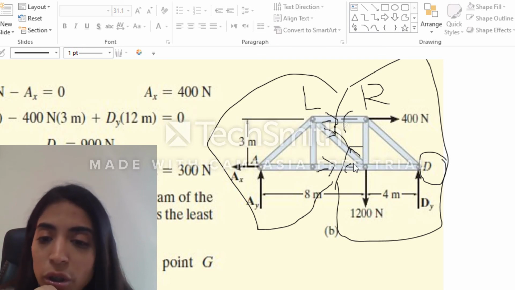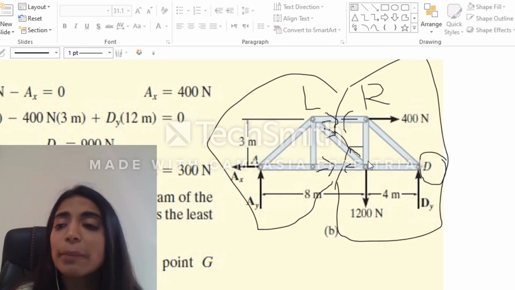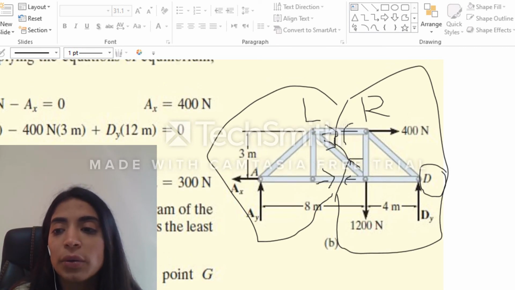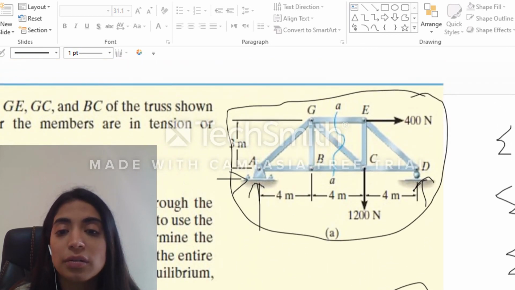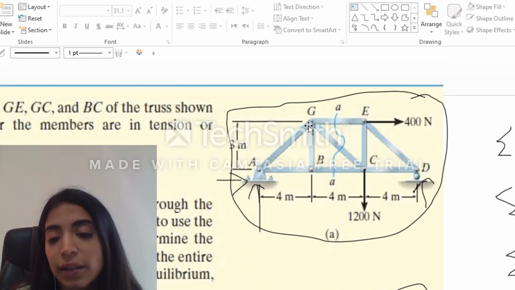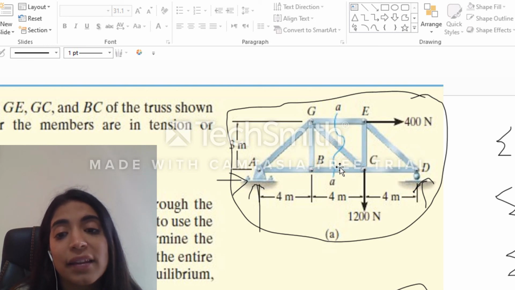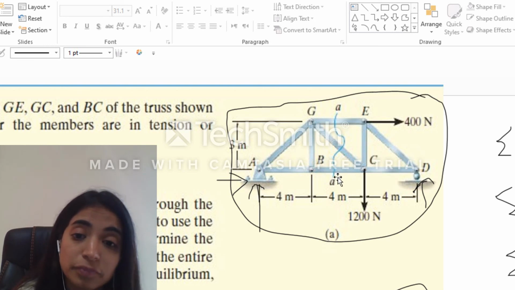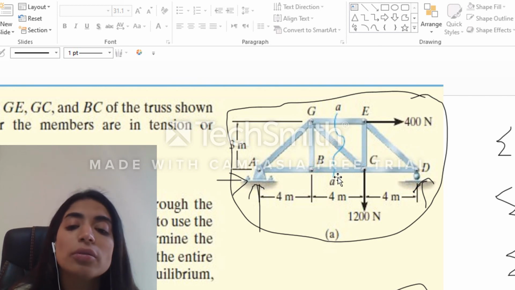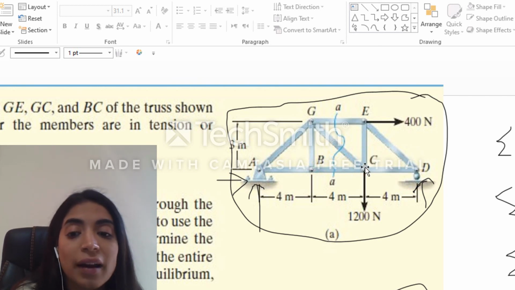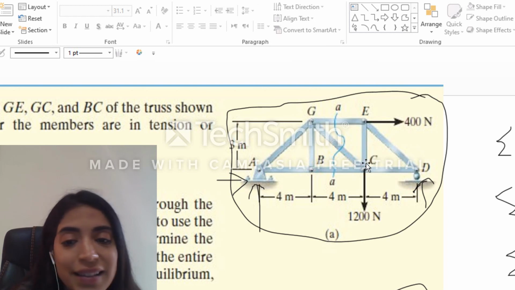And one small note, guys. If you remember, when we take the sum of moments around G, we found the force at the member FBC. You can also, guys, take the sum of moment around C, even if you're not seeing C because you are taking the left part.